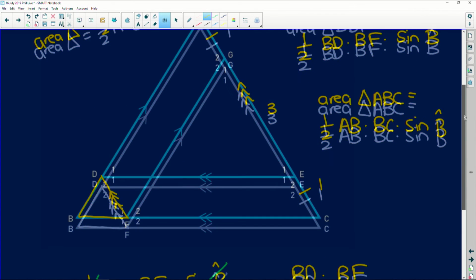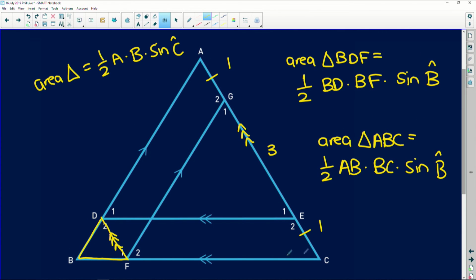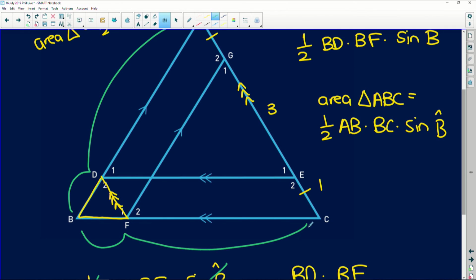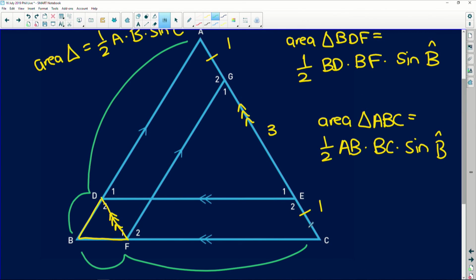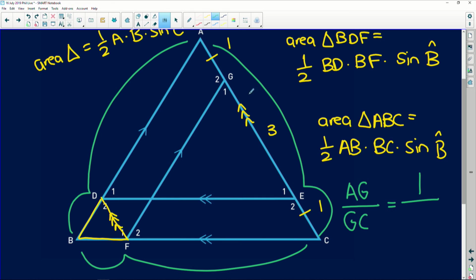Okay. Now, from the previous question, we found, remember, that this ratio is equal to this ratio, which means that it's consistent throughout the whole triangle, because remember, we've got a whole bunch of ratios that are equal to each other. Okay, and here, AG over GC is going to equal 1 AG to 3 AGs plus another AG is 4 AGs.